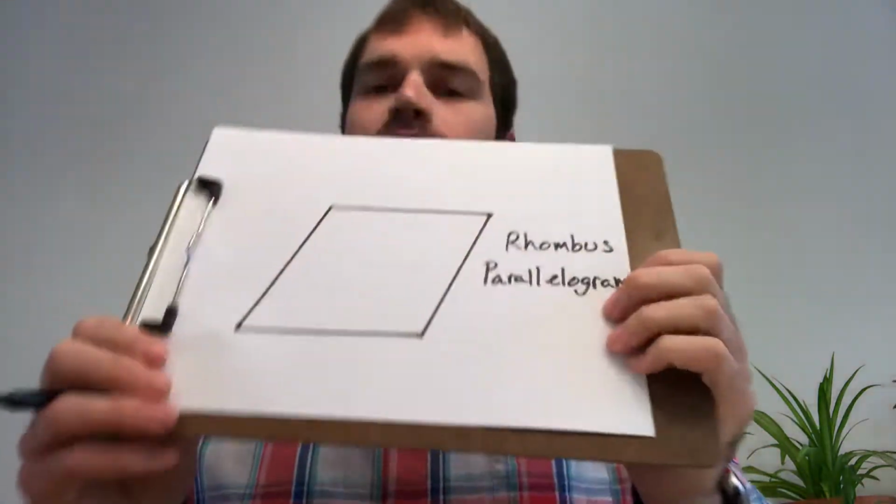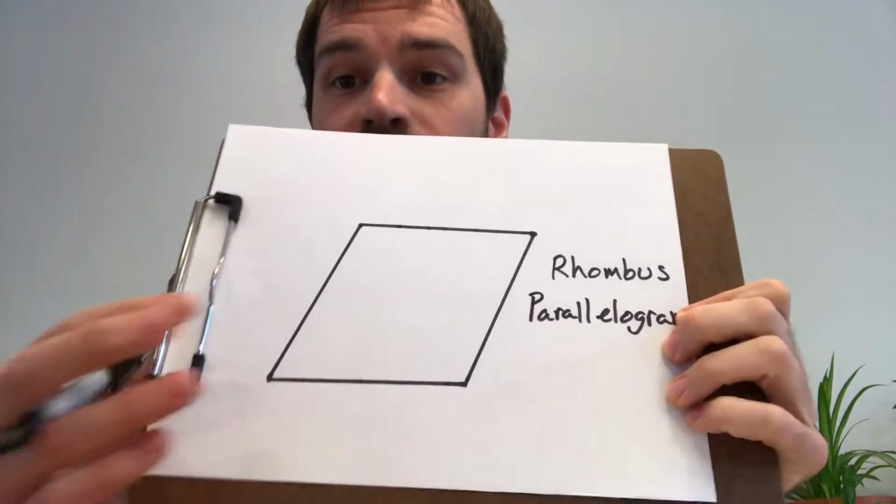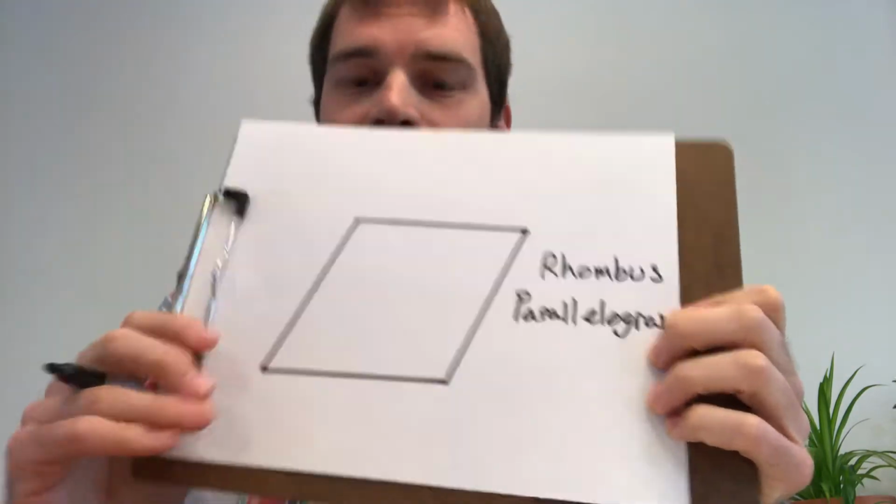If you remember from the first video of the week, a quadrilateral is any shape that has 4 sides and 4 angles. It does not matter if they're right angles or all acute angles. It just has to be a 4-sided shape with 4 angles. Looking back at this, yes, it is a 4-sided shape, and yes, it has 4 angles, therefore it is a quadrilateral.